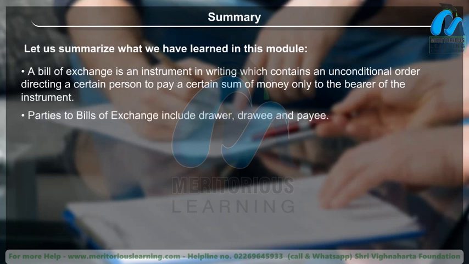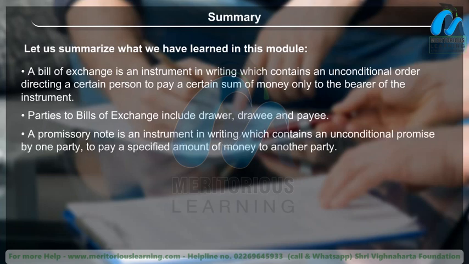Parties to a bill of exchange include the drawer, drawee, and payee. A promissory note is an instrument in writing which contains an unconditional promise by one party to pay a specified amount of money to another party. Accommodation bills are also known as kite bills.